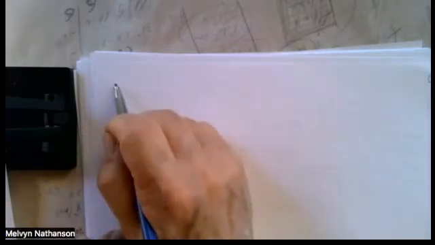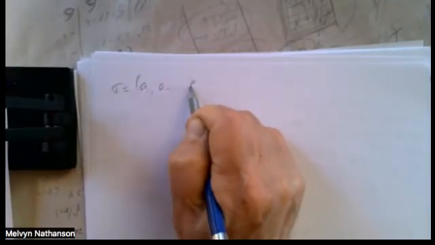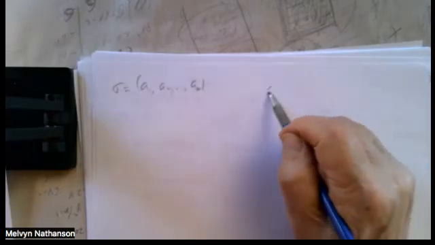If you draw your cycle as a picture, which is a good way to understand it, sigma is (A1 A2 up to A sub K): A1 goes to A2, goes to A3, goes to A4, up to A sub K minus 1, goes to A sub K, goes back to A1.